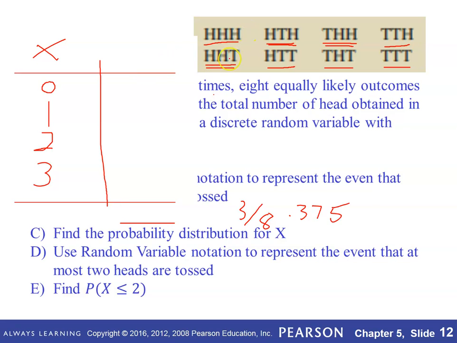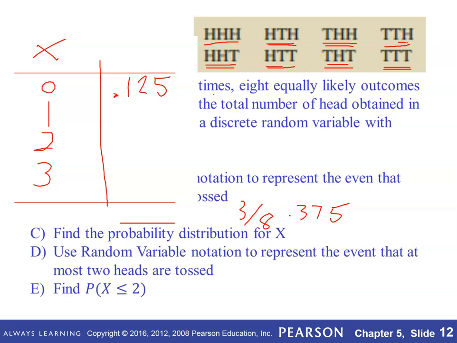And then I want to figure out what is the probability of each of these events happening. So for example, the probability that I get no heads, well, that's going to happen 1 out of the 8 times, which is 0.125, or 12.5%. What is the probability that a head shows up once? Well, that would be here, here, and here.